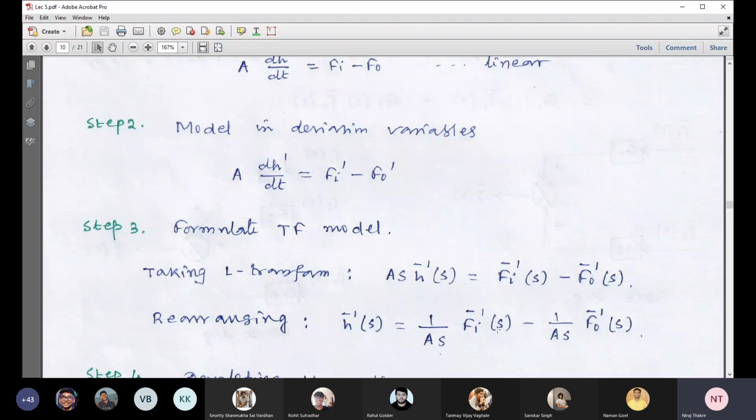So can I write this transfer function model after taking the Laplace transform? Yes, sir. Good. So you can write the transfer function model in this way.